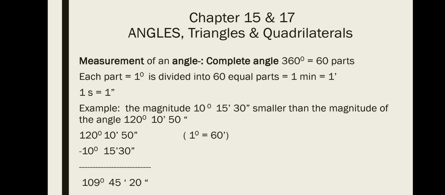So as we do in subtraction, we borrow 1 degree from the other number, and that will become 60 plus 10, that is 70 minutes. And 70 minutes minus 15 will be how much?